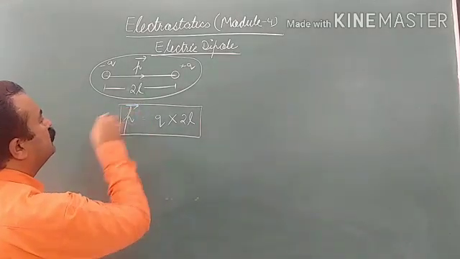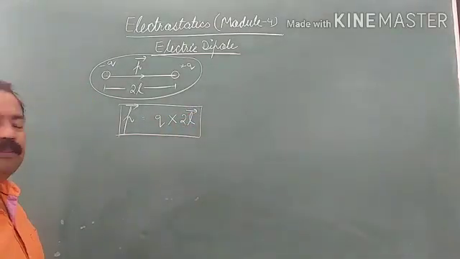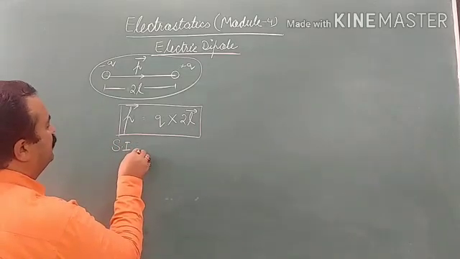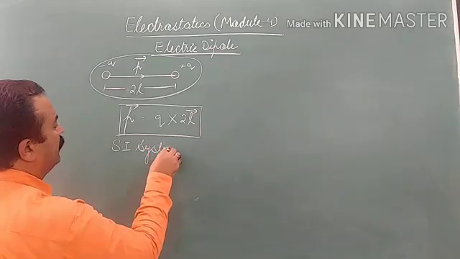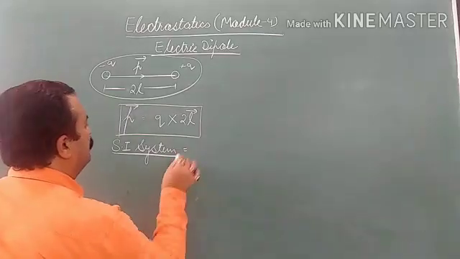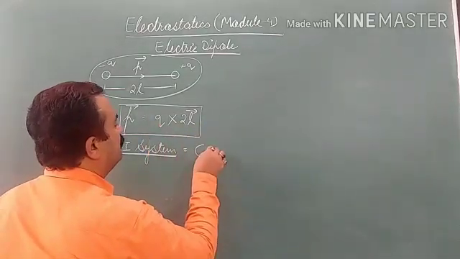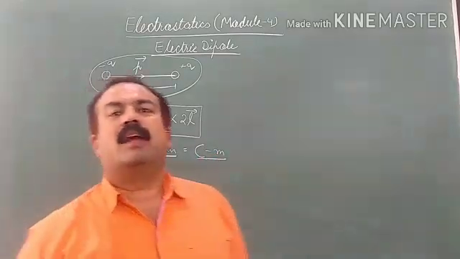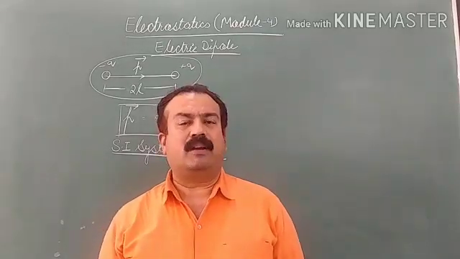So here we will use the vector sign. What is the SI system unit? The SI unit is Coulomb meter. Coulomb meter is the SI unit of electric dipole moment.